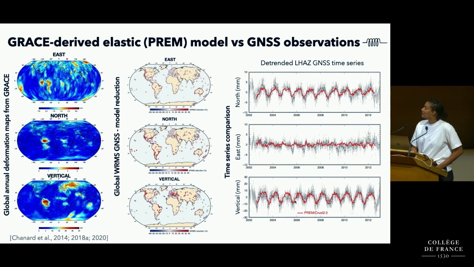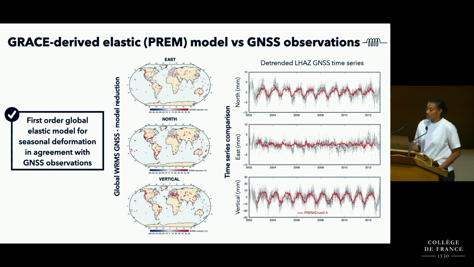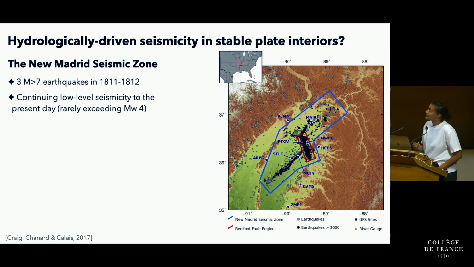You can see that the seasonal part at least matches pretty well the observations that we have of surface deformation. So we have a good first-order elastic model for the seasonal deformation of the Earth that is in agreement with our GNSS observations.